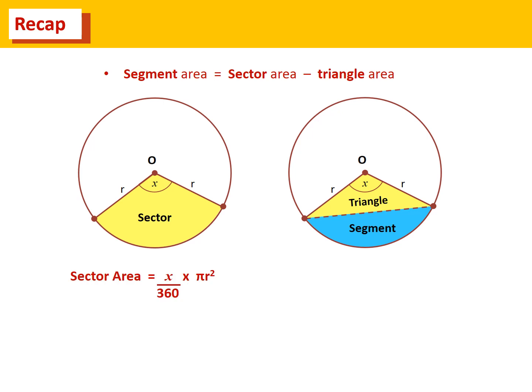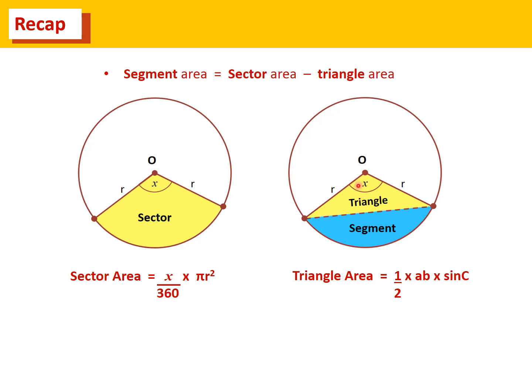So the area of a sector is x, the angle at the centre, over 360. That represents the fraction of the whole circle, and pi r squared represents the area of the whole circle, so that's the sector area. The triangle area is a half ab sine C, where a is one side, b is another side, and C would be the angle in between.